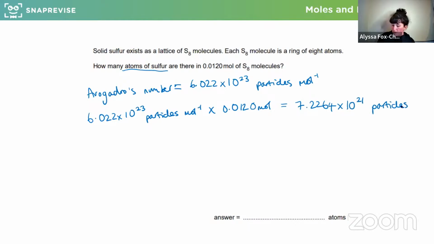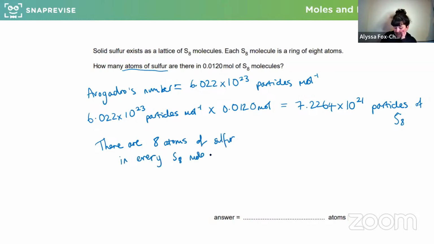Particles, what particles are they that we've got here? We're looking at particles or molecules, I could have said, instead of particles, of S8. The question has asked us how many atoms of sulfur there are. So for every particle, every molecule of S8, there are 8 atoms. There are 8 atoms of sulfur in every S8 molecule.